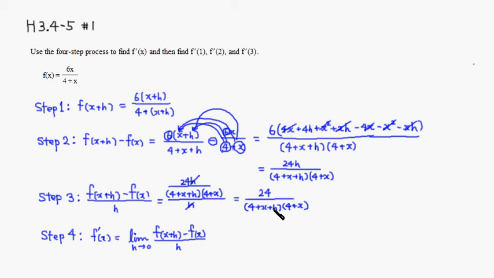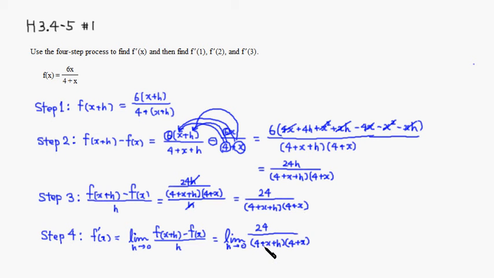All you have to do is take the limit of step 3 as h approaches 0. So you have the limit as h approaches 0 of 24 on top, and on the bottom, 4 plus x plus h times quantity 4 plus x.